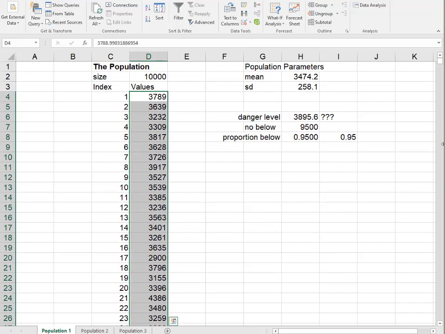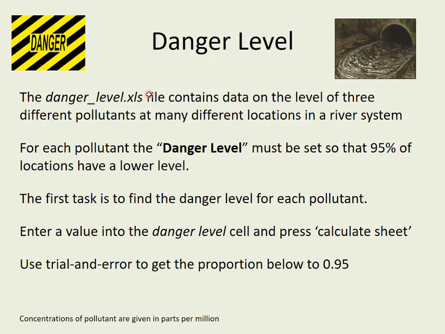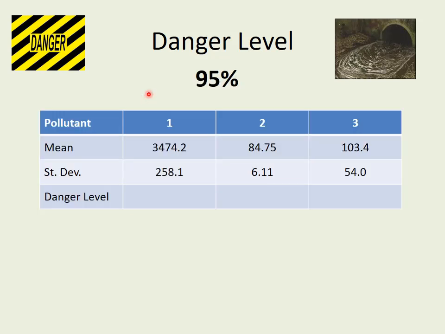You don't really need the sort. So that's the first one, 3895.6. If you're doing this at home, or wherever you're doing it, what I want here is to record the answer.